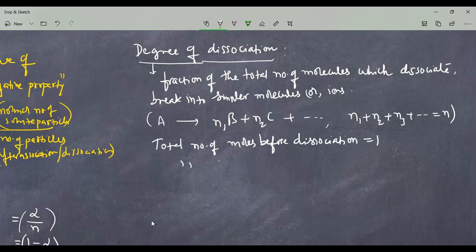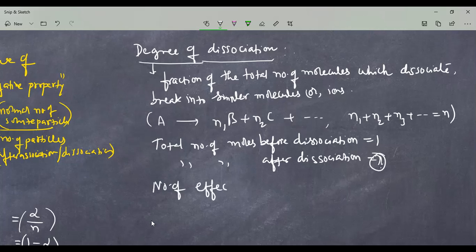But the total number of moles after dissociation we don't know. That can be calculated. That means the effective number of molecules, if you take, you can calculate this one. This is a question mark. This can be calculated. So what is the number of effective moles in solution?